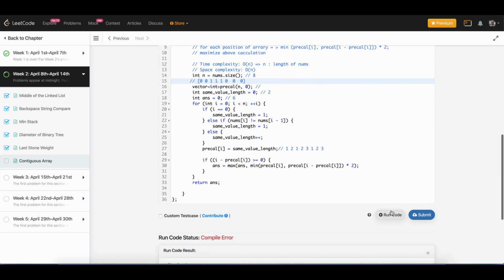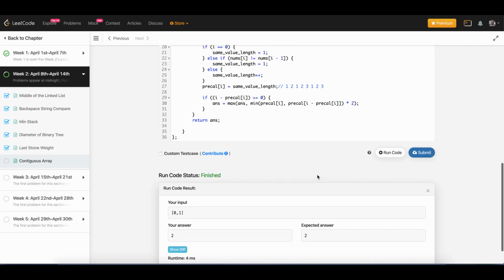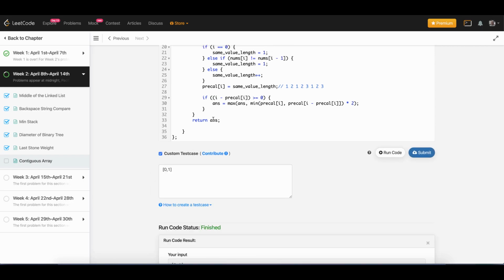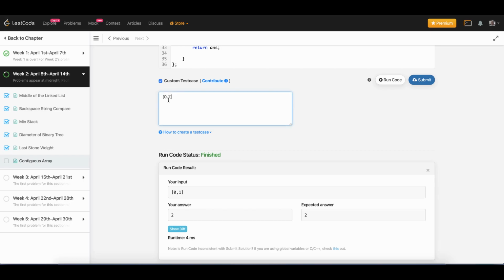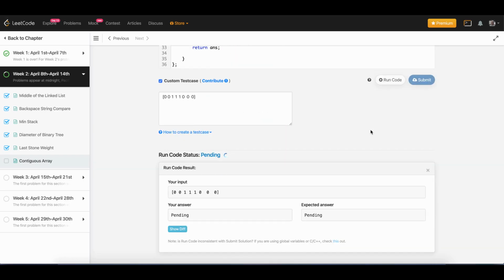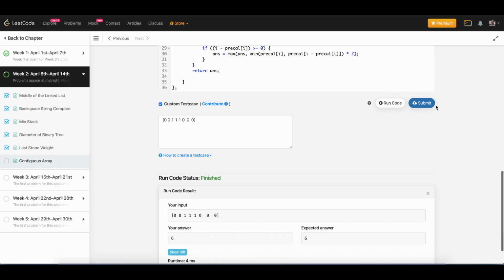Let's comment out. Okay, let's try with the custom test case, which is our example we used. Okay, answer should be 6. Let's submit the problem.